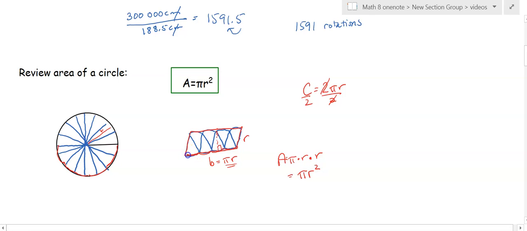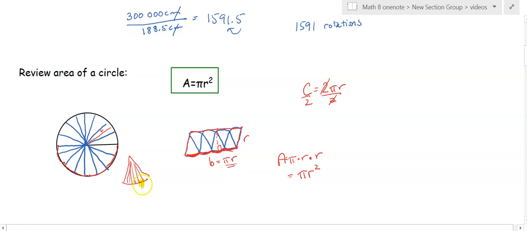Well, a lot of you are saying, but the base is not a straight line. The pizza crust has a curve to it. Well, that's if I only cut it in 4 pieces. If I shared this pizza with 1 million people, 2 million people, up to infinity people, if I start cutting a pizza into infinitely small little pieces, each one of those little edges becomes straighter and straighter and looks more like a line.